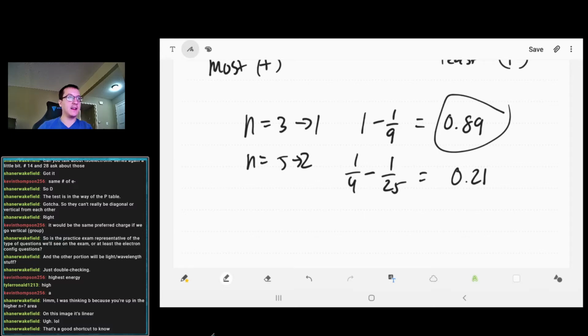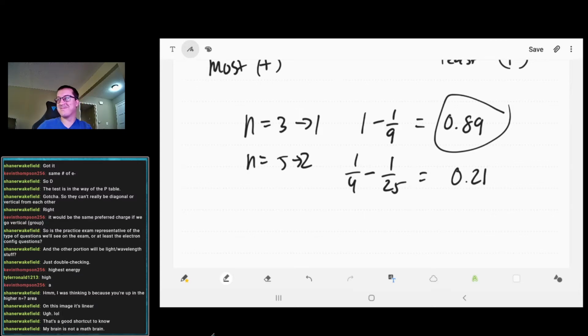So add that to your toolkit of secret shortcuts you can use. It depends if you like the visual graph, or this thing.